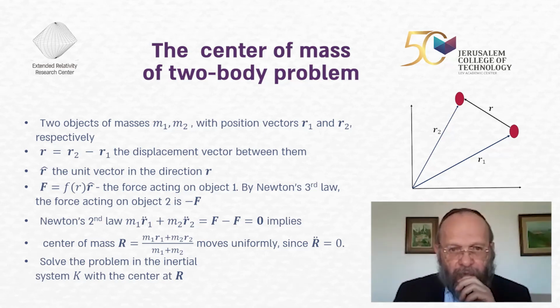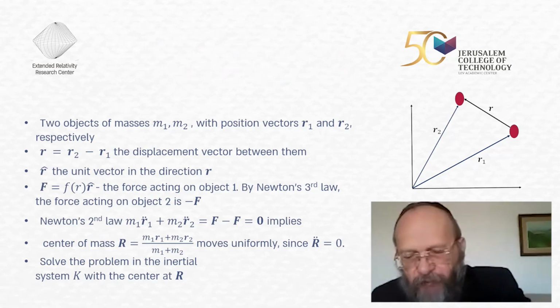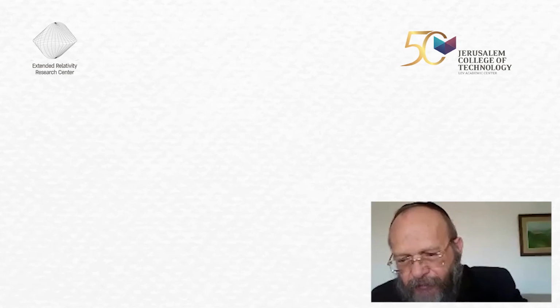Let's look at what will be in K, the position of object 1, denoted R1 prime. It's r1 minus capital R. Substitute what capital R is: capital R was (m1 r1 plus m2 r2) divided by the sum.